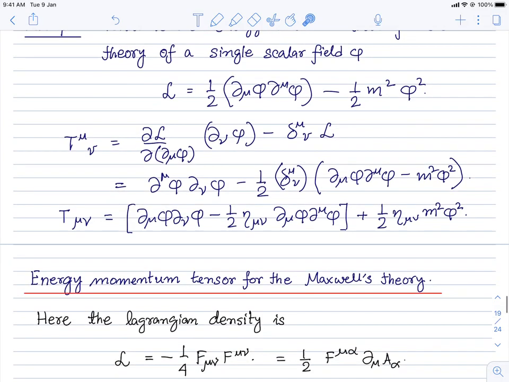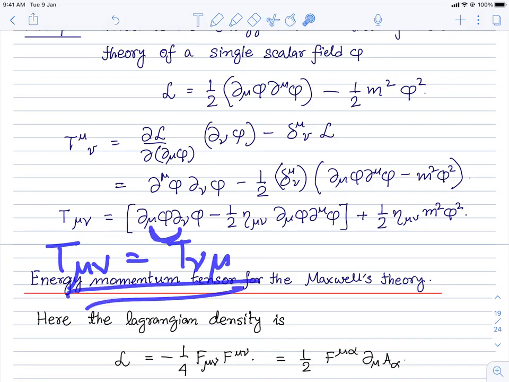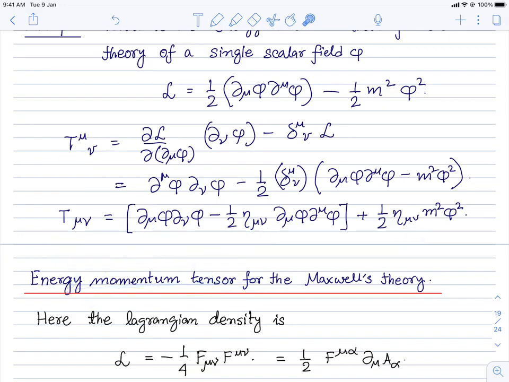I would like you to note that T mu nu is automatically equal to T nu mu. It's automatic because eta mu nu is symmetric here. So basically, the canonical energy momentum tensor for this particular theory is automatically symmetric under a mu nu exchange.